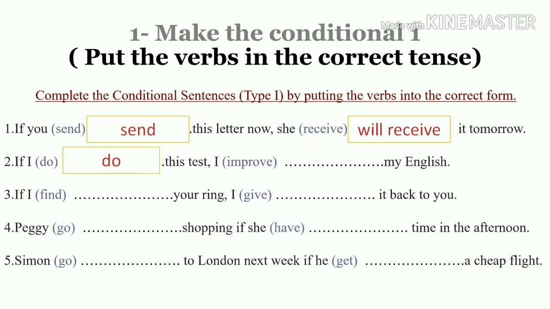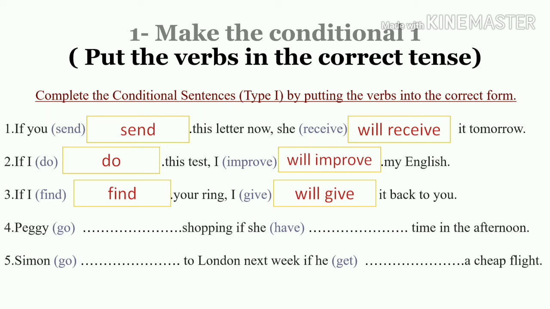If I do this test, I will improve my English. Perfect. If I find your ring, I will give it to you. Peggy will go shopping if she has time in the afternoon. As you can notice, this sentence doesn't start with if, so it starts with the result.